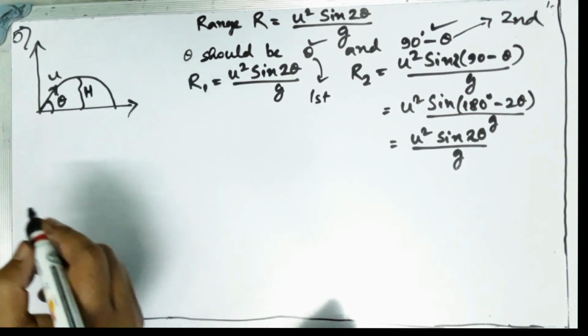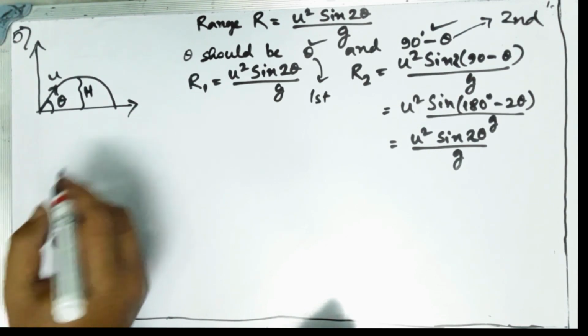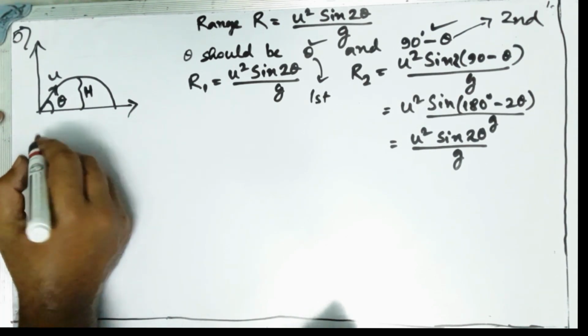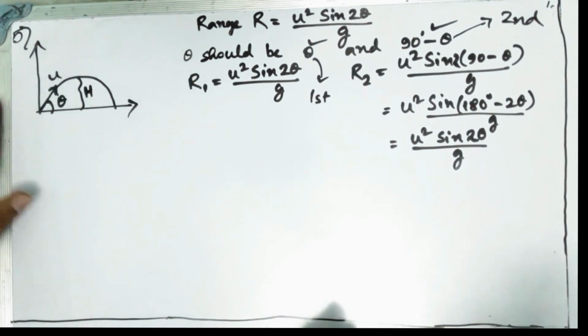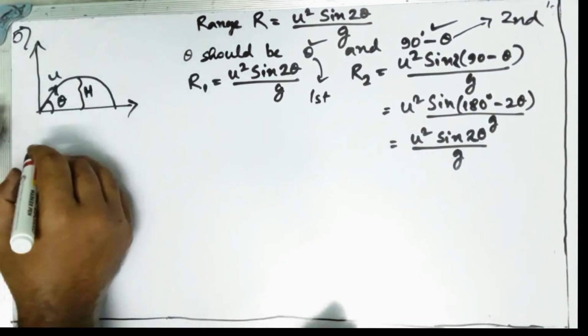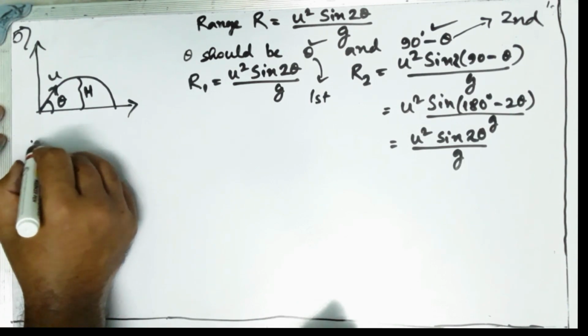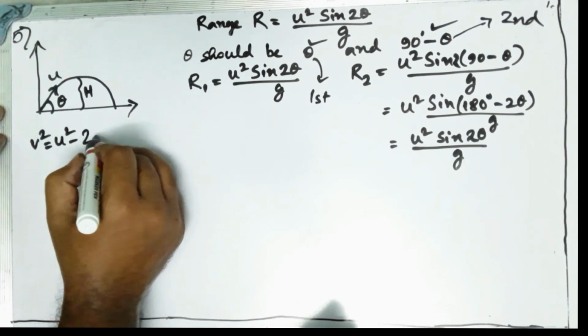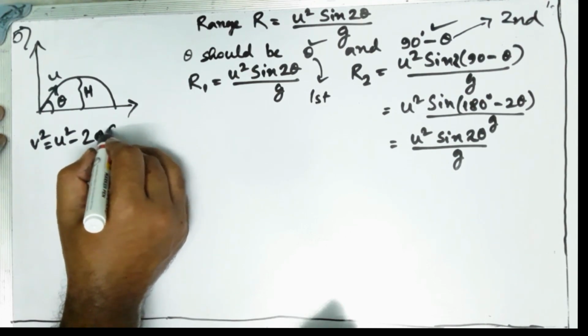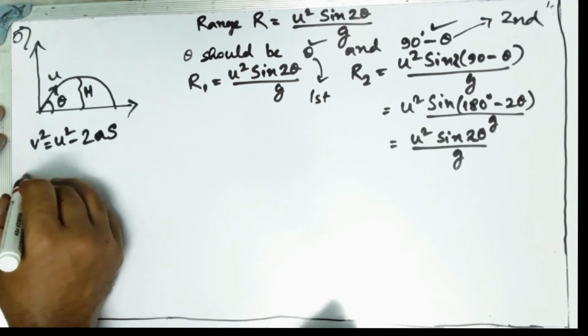And how can we calculate the maximum height h? Using v square is equal to u square minus 2as.